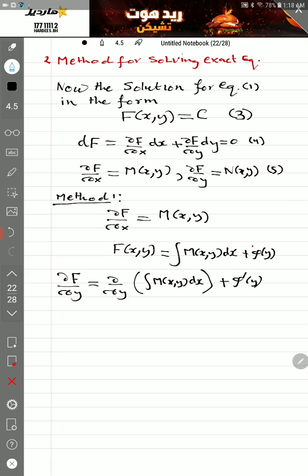Now from condition 5, this must be equal to n.